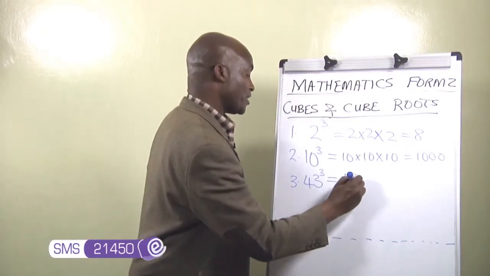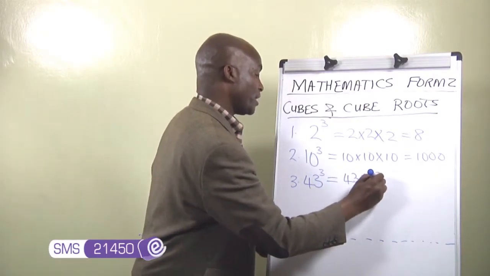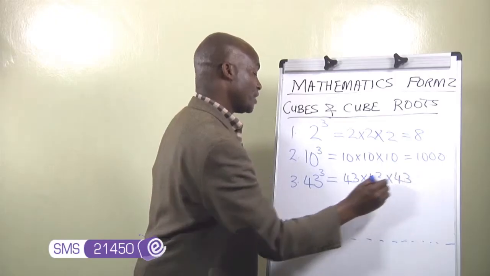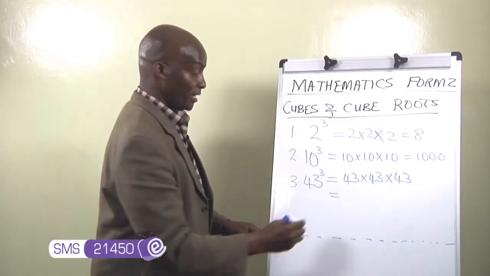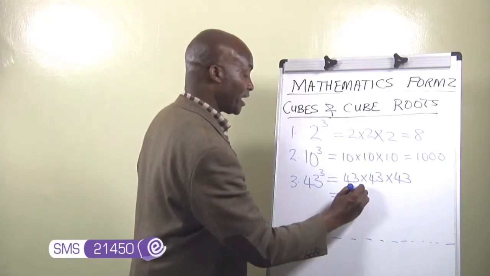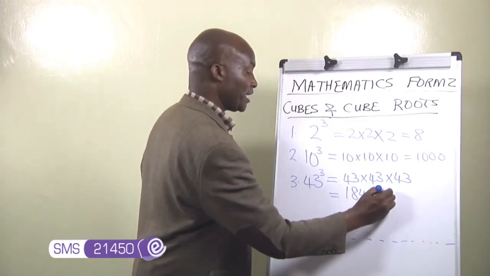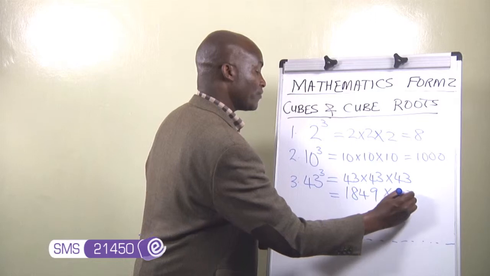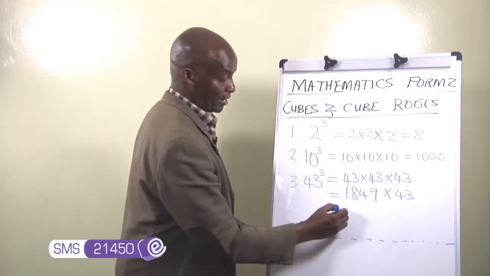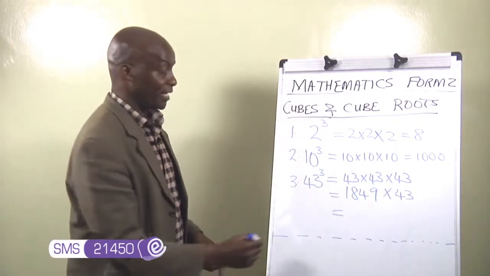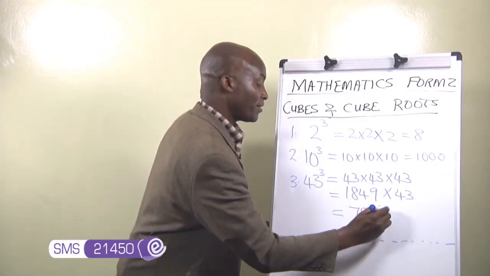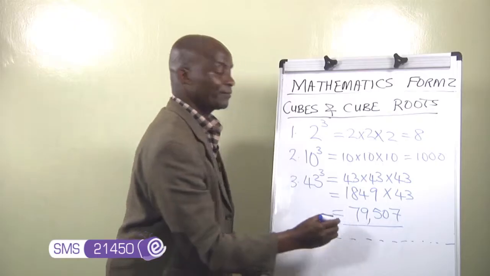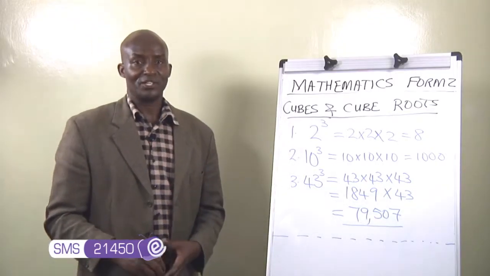This is 43 multiplied by 43 multiplied by 43. 43 multiplied by 43 is 1,849. Multiply that by 43 and the final result is 79,507. Did you get all of them correct?